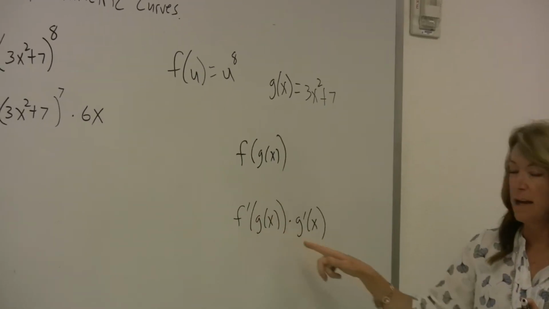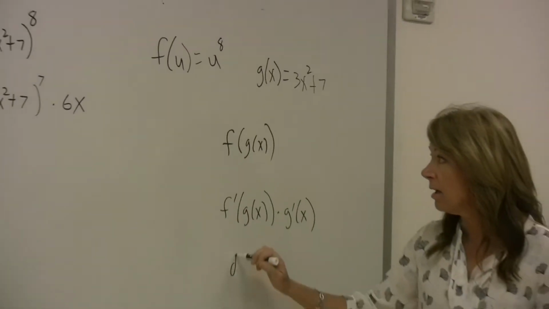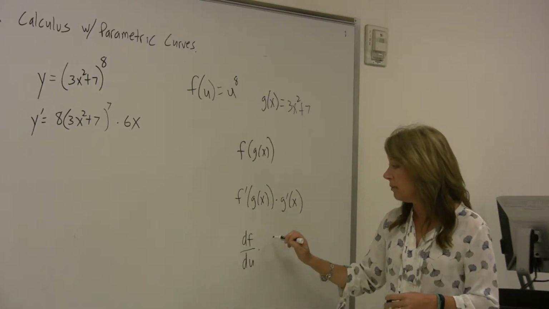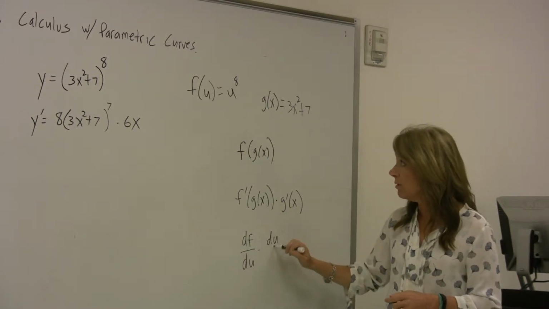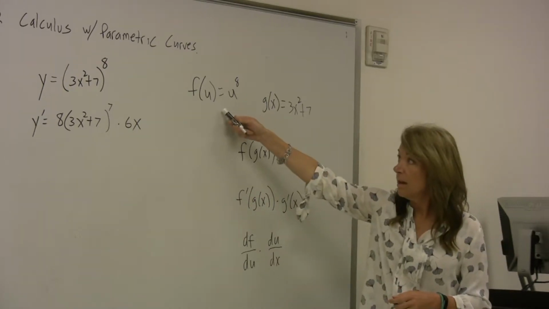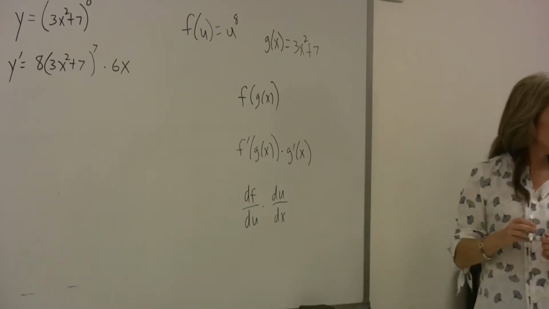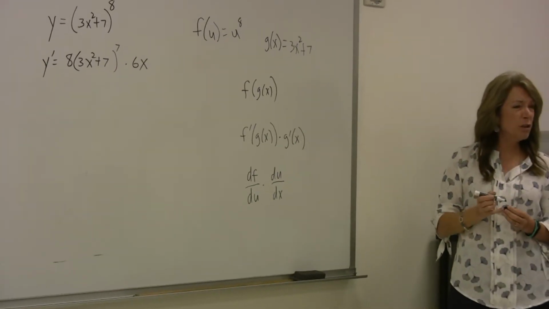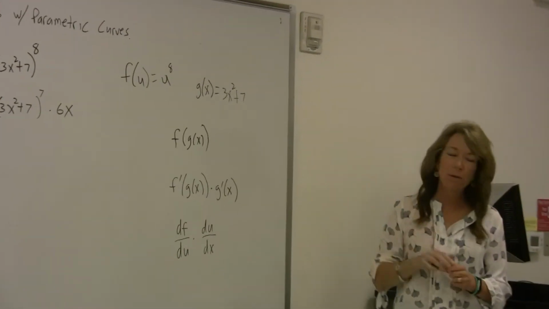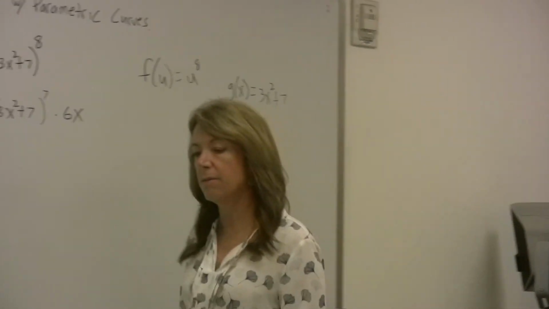Derivative of the outside times the derivative of the inside, or you could say df du times du dx, because this is f of u, and this is actually equal to u. That works too. When you first learned chain rule, you had all this derived for you. It helps you explain what we're doing with parametric equations. That's a little review of chain rule.